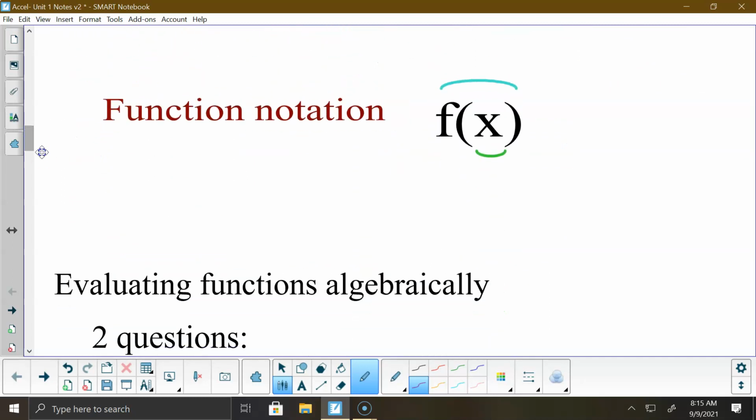All right, so function notation. You've got f of x, so a function of x. This part right here is your independent. And then the whole shebang is your dependent.